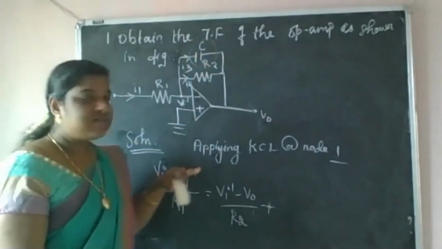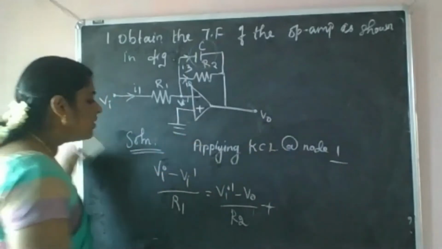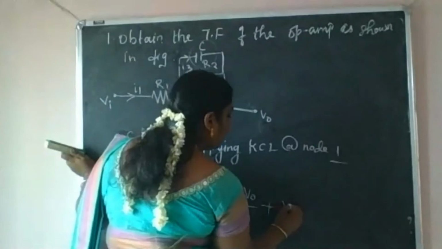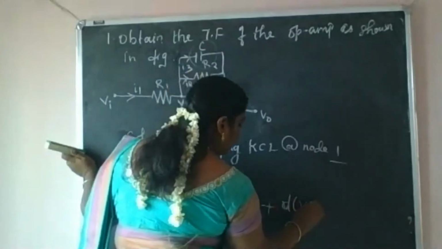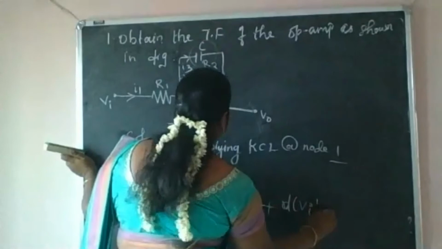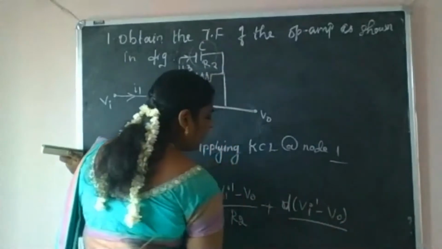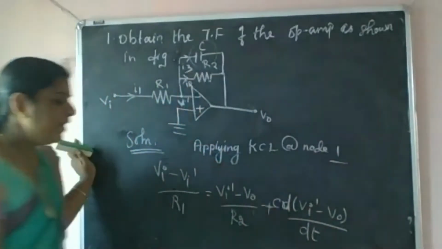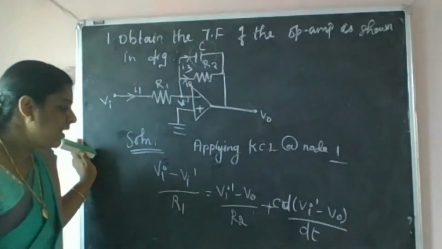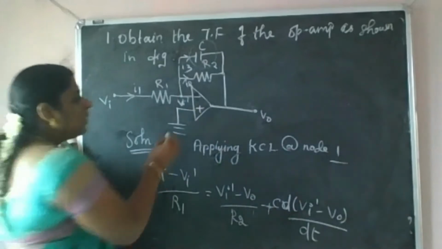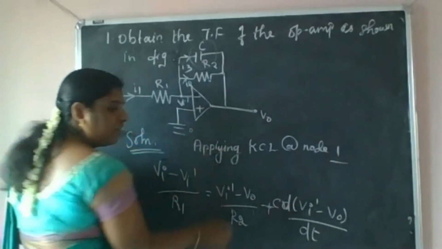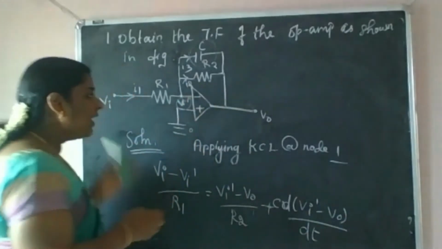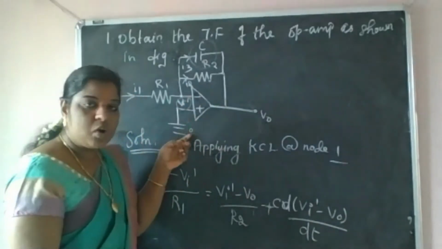The current through this capacitance can be written as C into d of Vi dash minus V0 divided by dt. Now, the positive terminal is connected to the virtual ground, so automatically the value of Vi dash will be equal to 0.